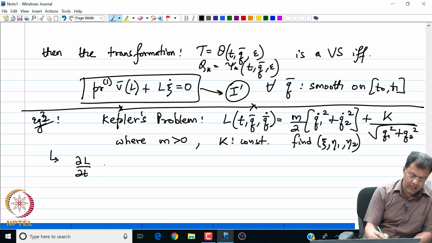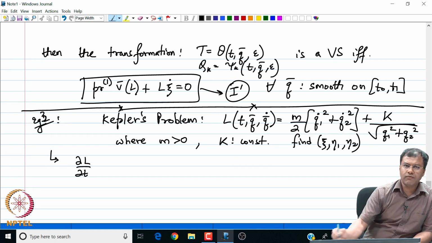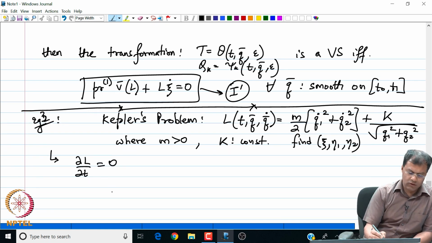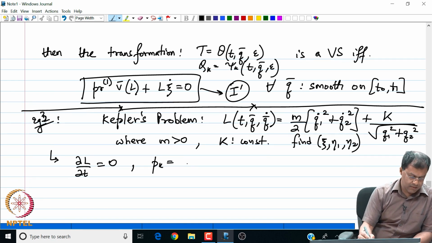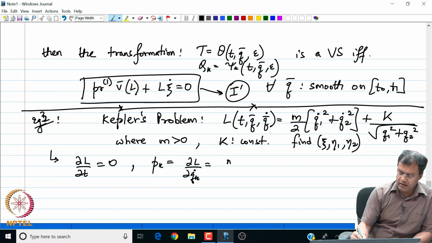So, del L del t: note that L is independent of t, the independent variable, so this is 0. My generalized momenta p k is del L del q k dot, which equals m q k dot.